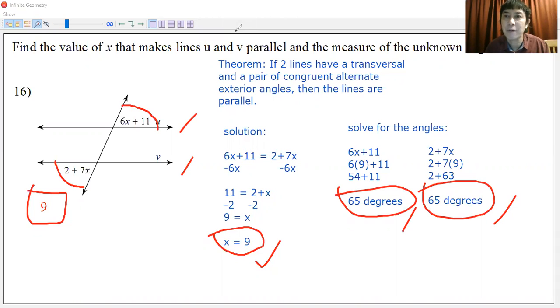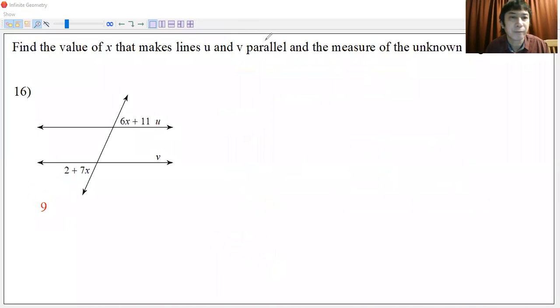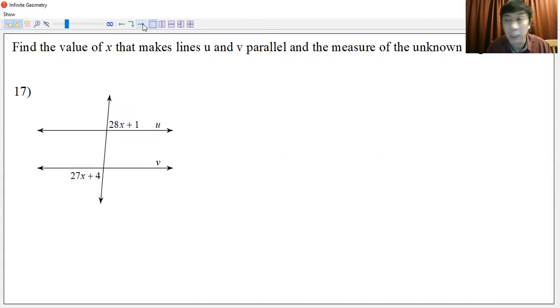Number 17 now. Let's continue with number 17. Okay, number 17. Here's number 17. And the diagram is over there. We're asked to find the value of x that makes lines u and v parallel and the measure of the unknown angles. Okay, the angle pair is another alternate exterior angles, okay?